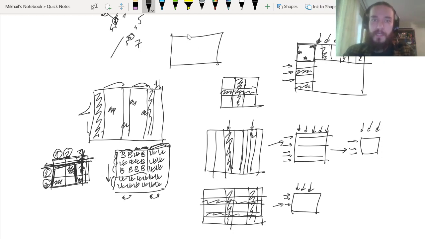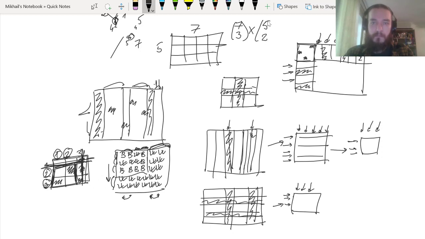For example, this is a board, I don't know, 7 by 5. So we erase 3 white rows and 2 white columns. How many ways are there to do that? Well, that's 6 choose 3 times 5 choose 2. And then we have to switch to blacks and so on.